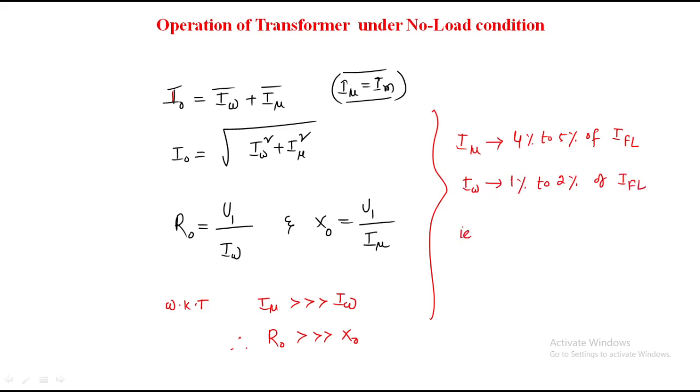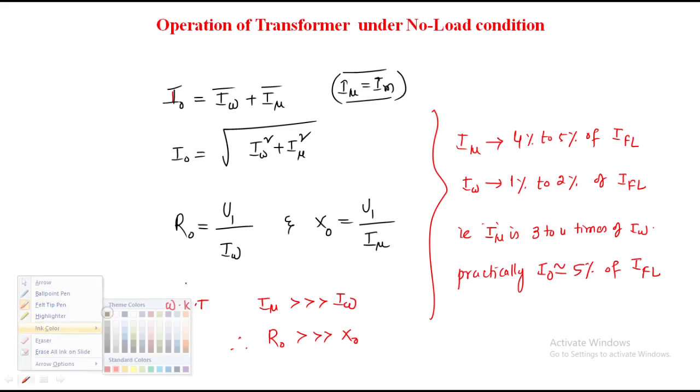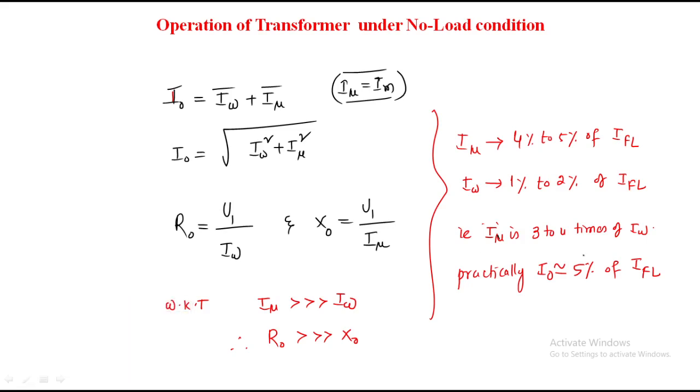That is, I mu is 3 to 4 times IW. So practically I naught should be equal to 5% of full load current. These are very, very important observations. I mu is far more than IW, but practically, what is the no load current? 5% of full load current.